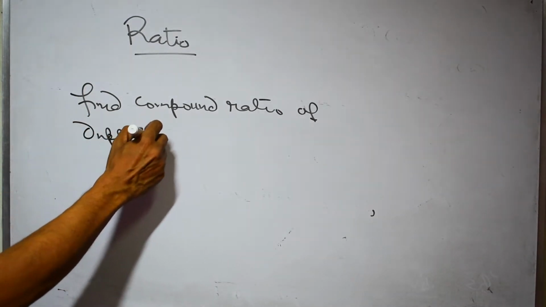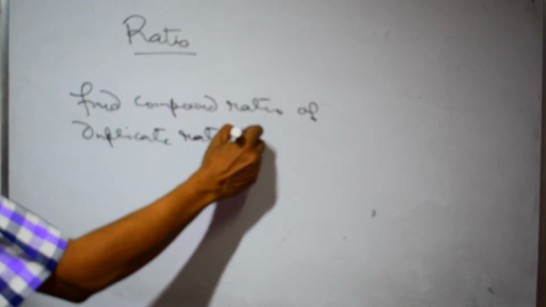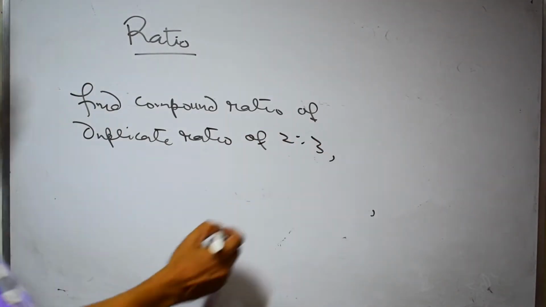the duplicate ratio of 2 is to 3, that is, 2 is to 3 is the ratio, and we need to take the duplicate ratio.